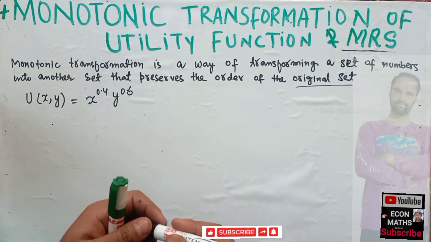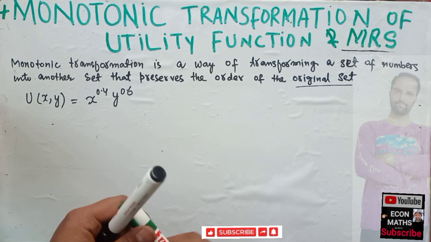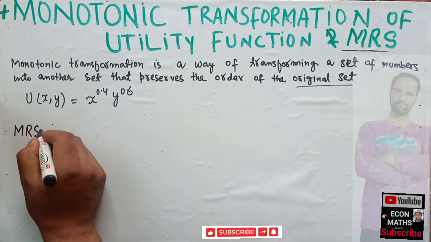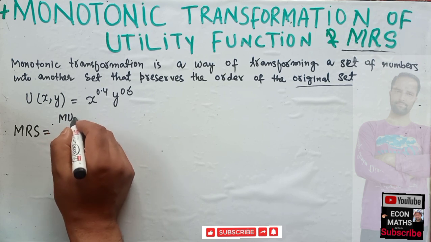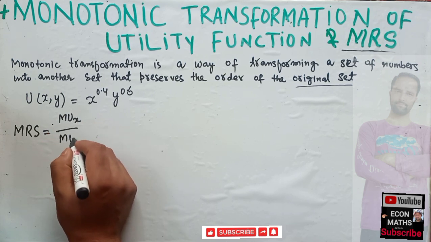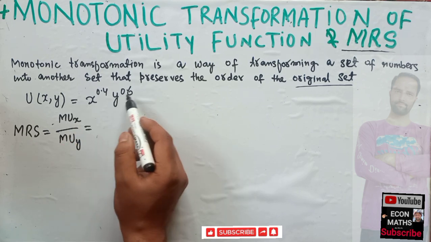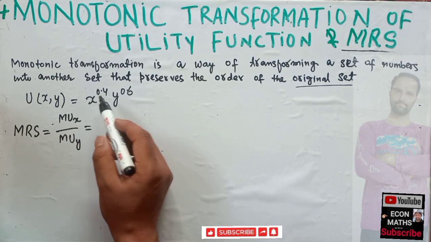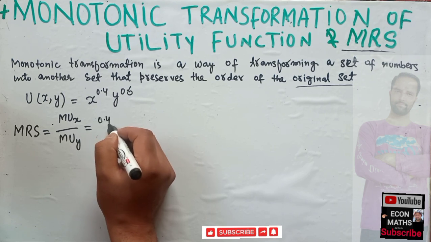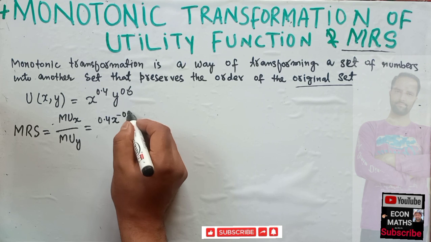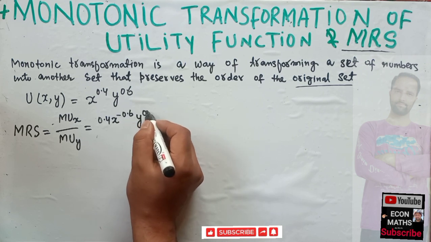Now what will be the MRS of this utility function? Marginal rate of substitution is simply the marginal utility of x upon the marginal utility of y. Taking the derivative with respect to x, we have 0.4 x to the power 0.4 minus 1, which is minus 0.6, and y to the power 0.6.